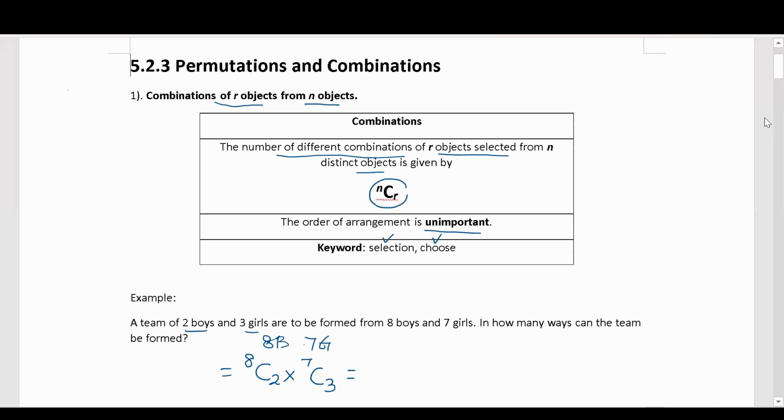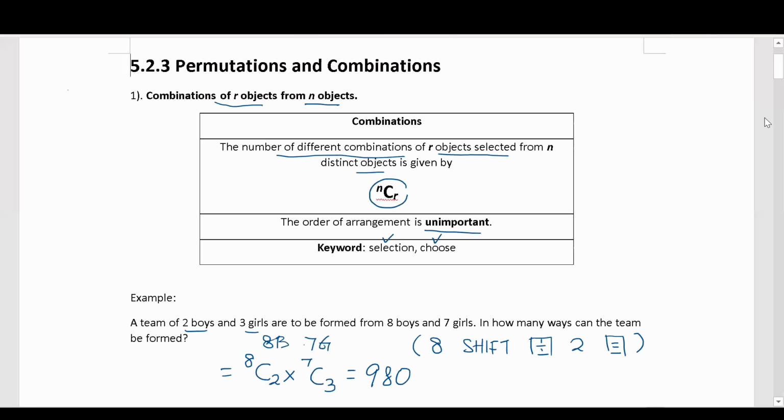Using your scientific calculator, you press 8, shift, then look for the division sign, press this button, and you will see a capital C appear. Then followed by 2 and the equal sign. Then you should be able to get the number of ways of 8C2 and multiply with 7C3, and the answer is 980 ways.